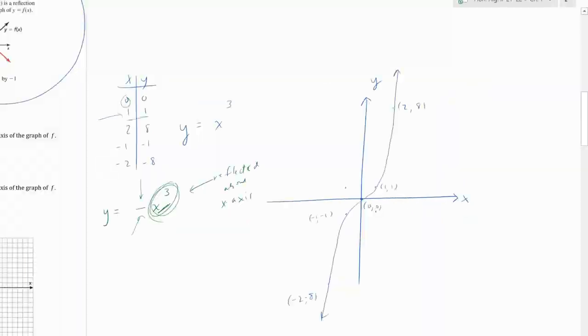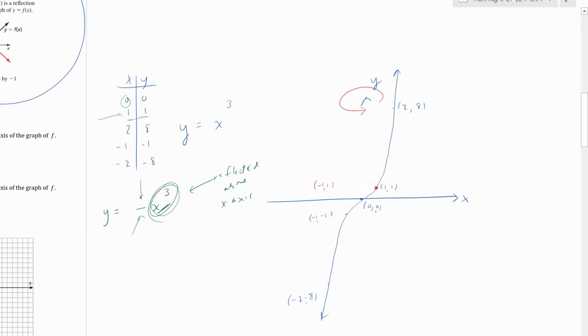This one is going to be reflected about the y-axis, the thing we learned here. Let's do a red one. So I want to flip it this way. Basically I want to take this point that sits right here and reflect it to there. I know there's going to be a point at negative 1, 1, because that's where that point would land.